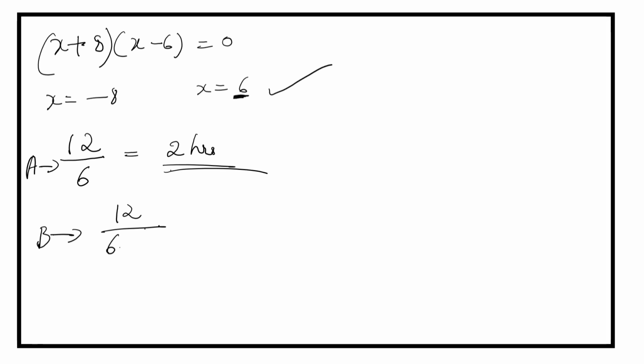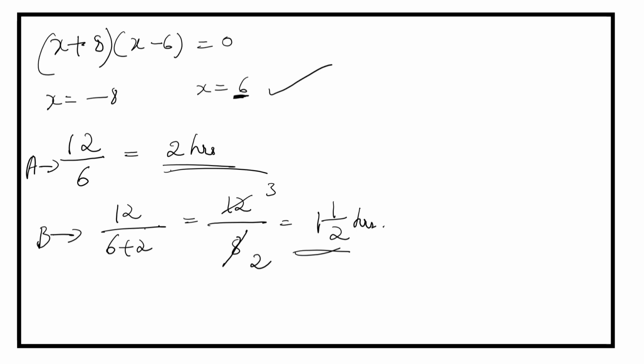What is it? 6 plus 2, 12 by 8. Here we can cancel, 4 twos are 4 threes are 12, 1.5 hours. So time taken by A is 2 hours, time taken by B is 1.5 hours. You can observe B reaches half an hour earlier than A.